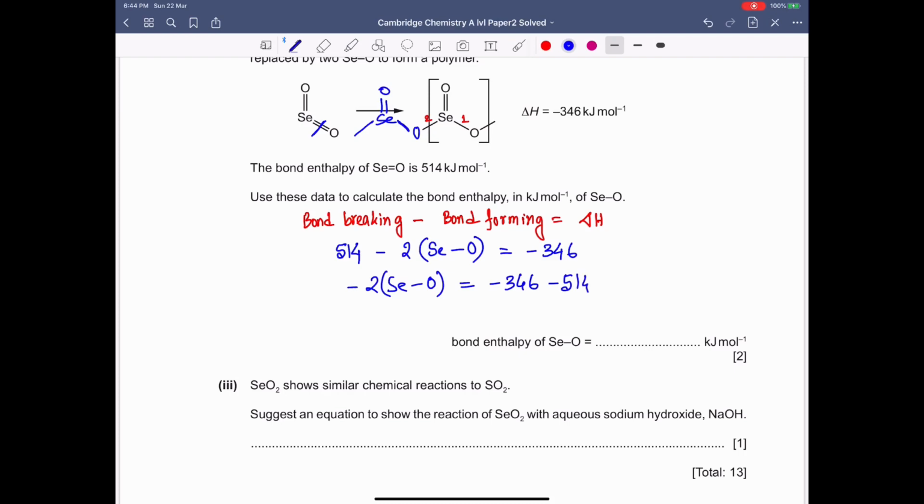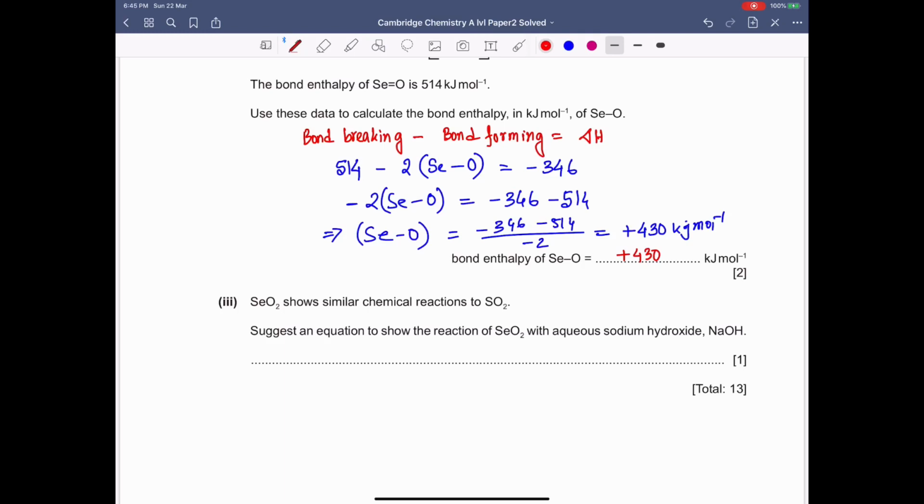Finally, Se-O bond equals minus 346 minus 514 divided by minus 2, the value is going to be positive 430 kilojoule per mole. So the answer is plus 430 kilojoule per mole.